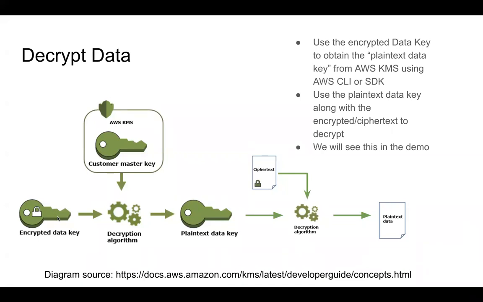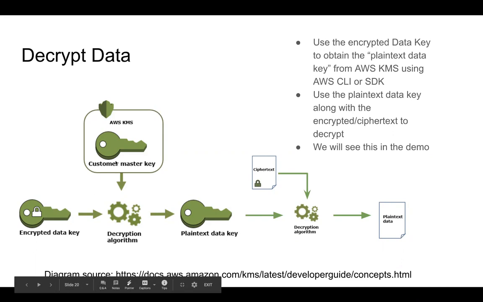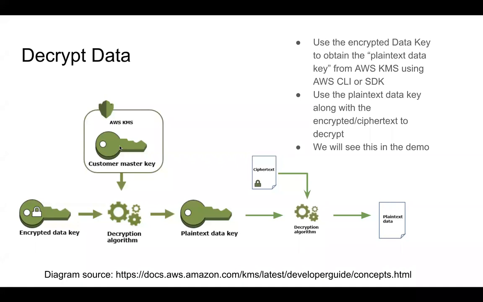Since they are authorized to use this KMS infrastructure, and since they are coming with this encrypted data key, AWS KMS would use the CMK to provide the associated plain text data key.